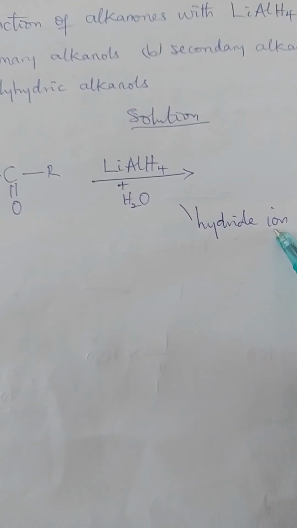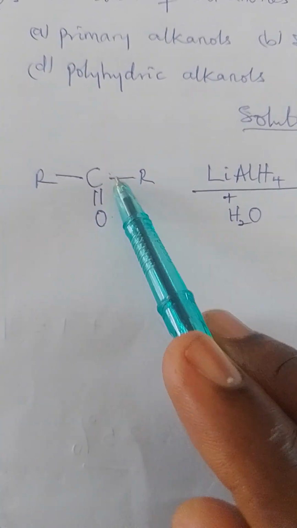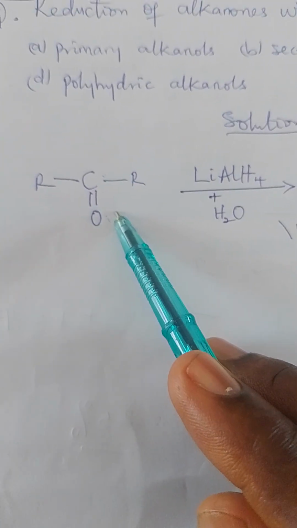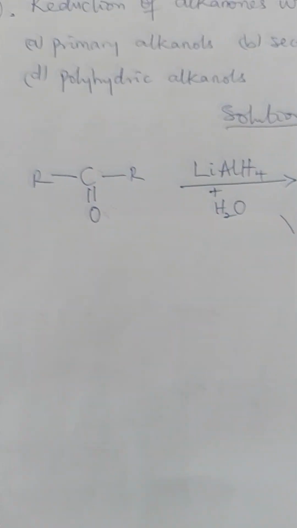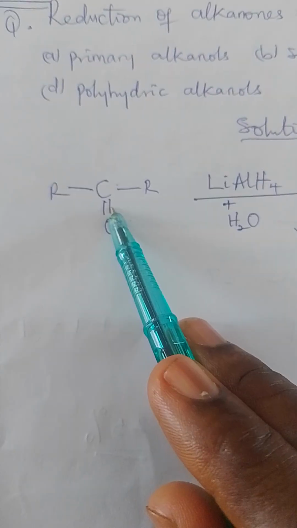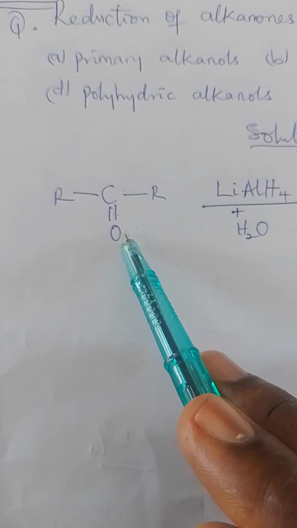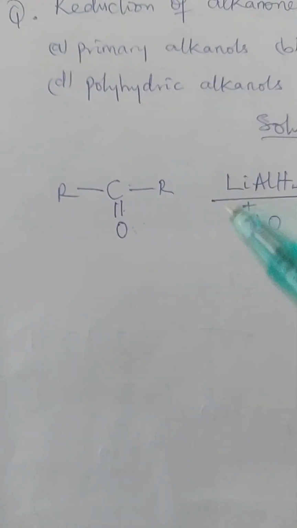It is this hydride ion now that will attack where we have the carbon to oxygen double bond. When it attacks, at first it will break this double bond. This double bond will break and react with this oxygen, so it will form something like this.